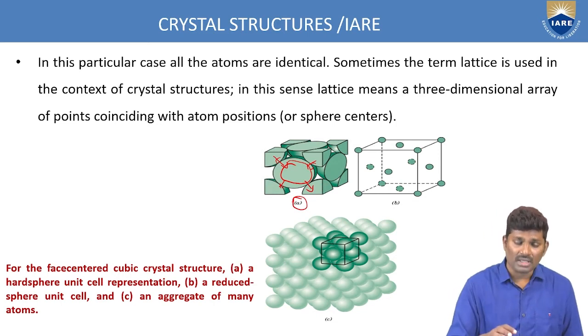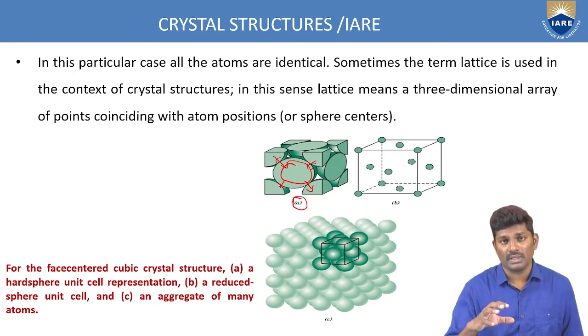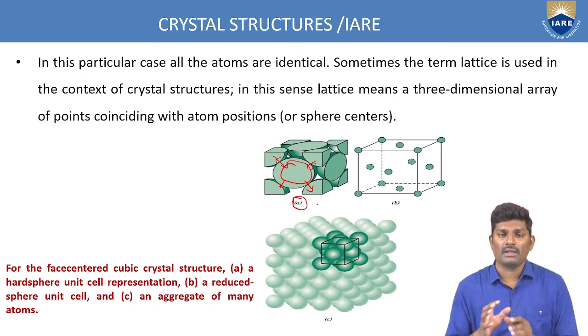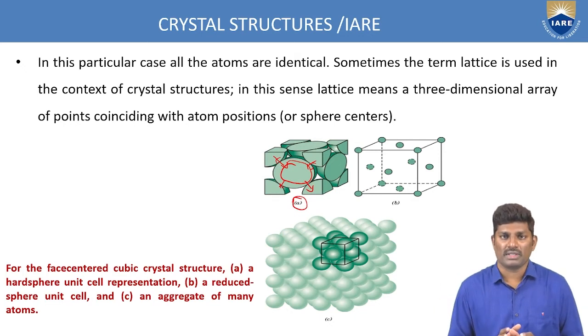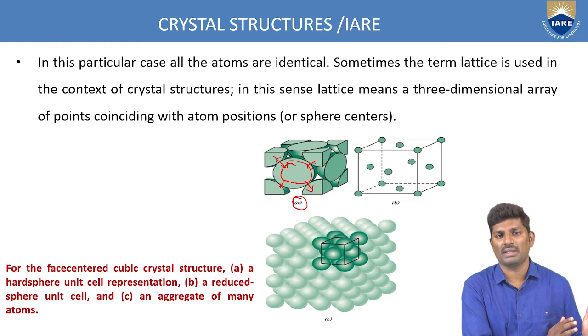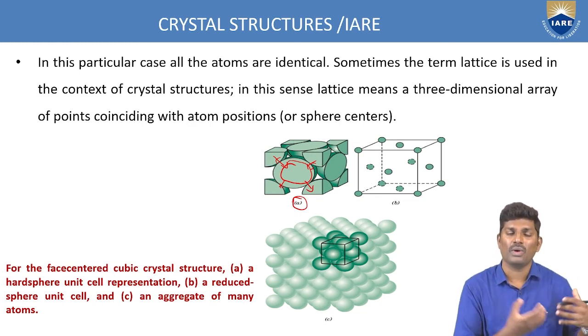Now this hard solid sphere is reduced to a unit cell. A unit means one single unit. In order to find out the properties, we can't find them at one stretch. That's why you have to take a unit from that solid hard sphere model, calculate for it, and then integrate to get the whole strength or other properties of the material.